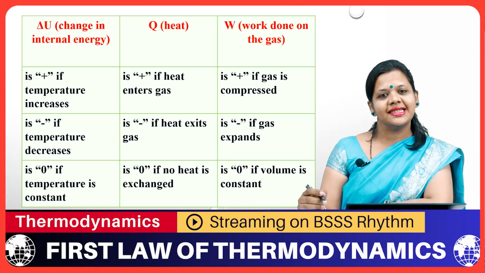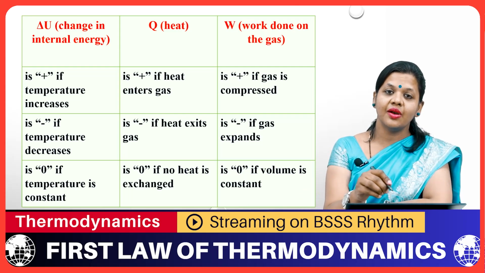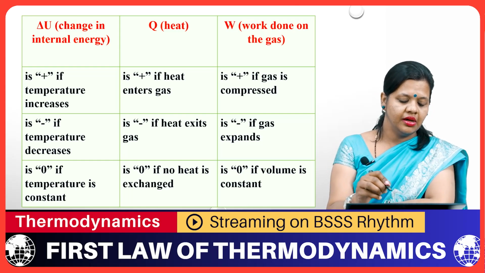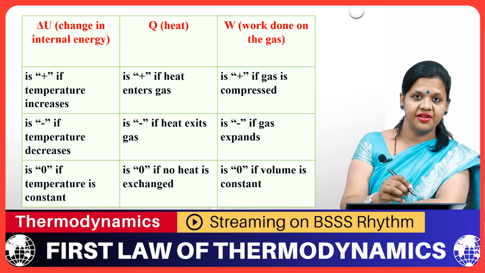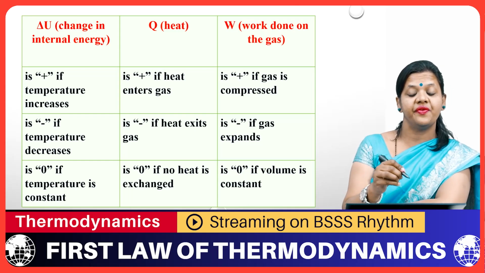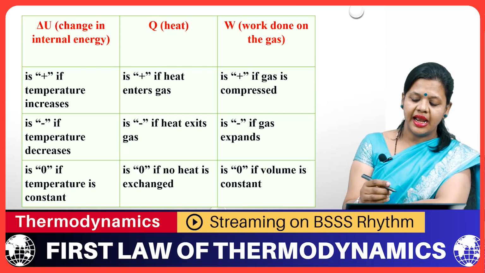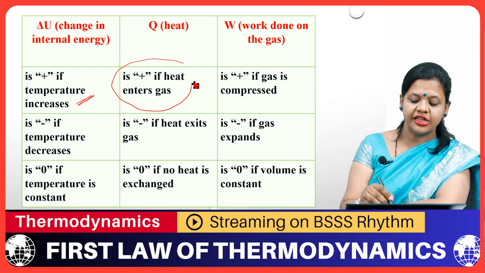Okay. So, now let us see the conditions in various changes that will occur and what will be the values of internal energy, heat and work. Now, if I take three conditions, the change in internal energy, if it has a positive value, that means the internal energy will increase, which will only occur when there is entrance of heat. So, if internal energy increases, that means I am giving heat to the system.